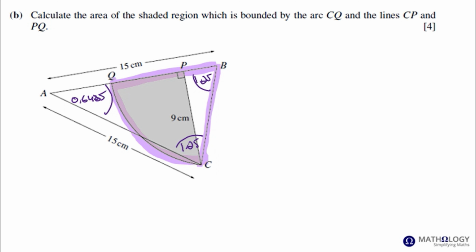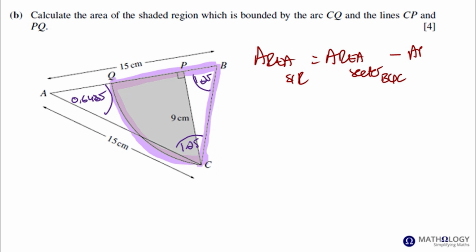So to find the area of the shaded region, we're going to first find the area of the sector BQC, and then subtract the area of triangle BPC, and that'll give us the area of the shaded region. So the area of the shaded region equals the area of the sector BQC minus the area of triangle BPC.